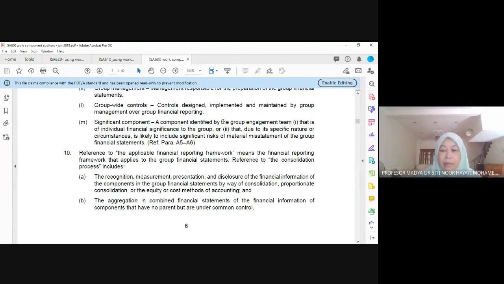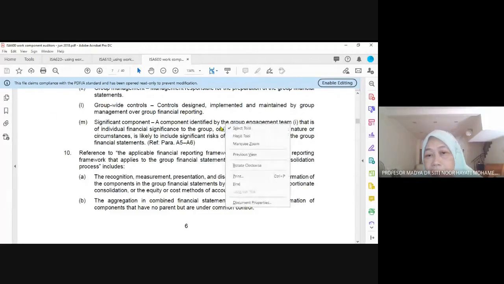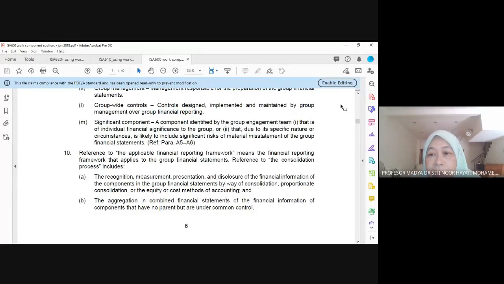So the issue would be whether these component auditors are reliable or not reliable, independent or not independent. We know that of course the external auditor has to be independent, but we cannot take it for granted.